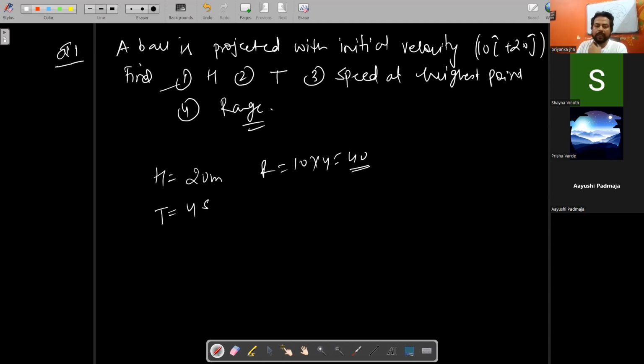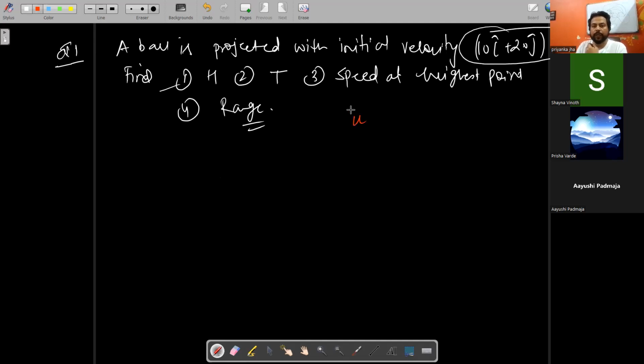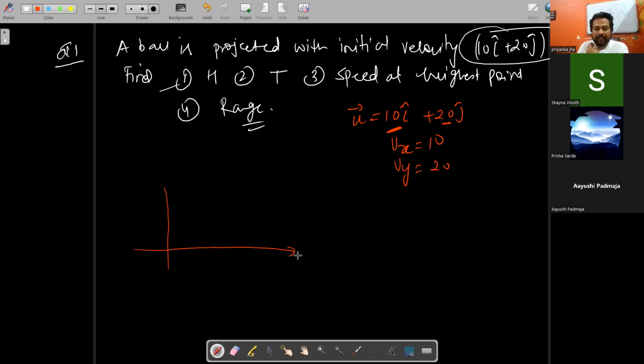Okay, wait. See what it is saying. Initial velocity is this much, right? So u is 10i plus 20j. What is the initial component along x-axis? That is 10. And along y-axis? That is 20. There are two components of initial velocity, one along x-axis and one along y-axis, so ux is 10 and uy is 20. The velocity is given as a vector quantity.